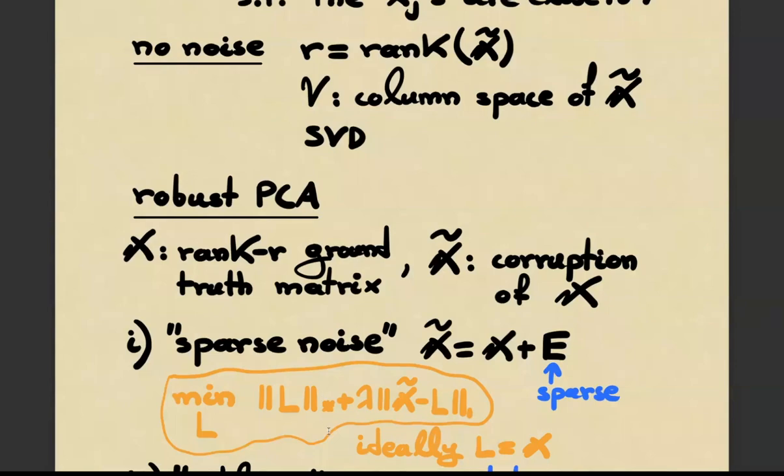Now, the nuclear norm of the matrix is the sum of its singular values, and it is the convex envelope of the rank function. So this is then trying to say that I want to find a low rank matrix L such that if I subtract it from the observed matrix X tilde, then I get a sparse matrix. So ideally, L should be equal to X in the solution of this problem. And indeed, there's a beautiful theory that describes conditions under which the optimal solution of this convex problem is X.